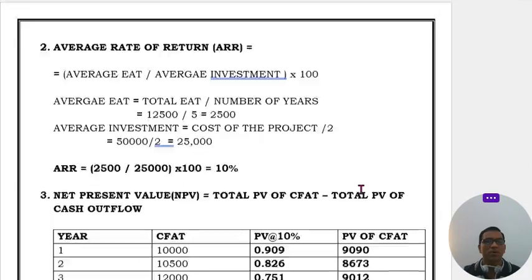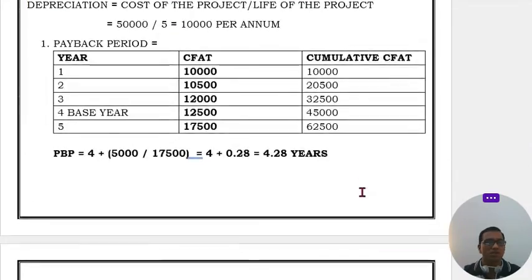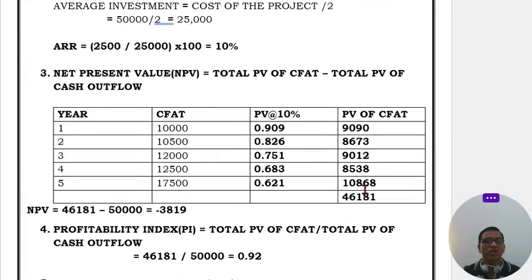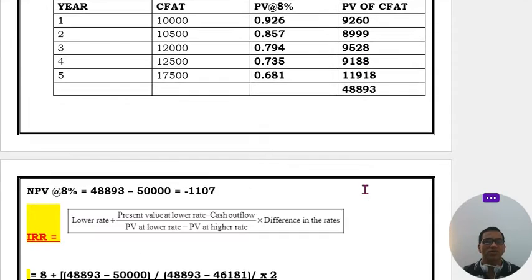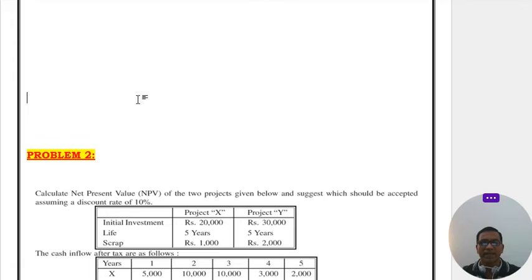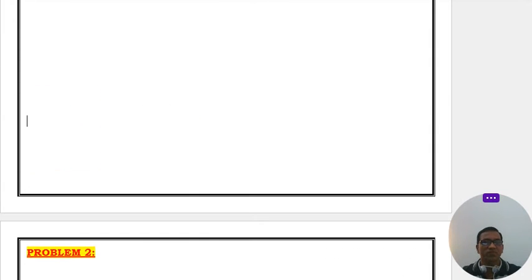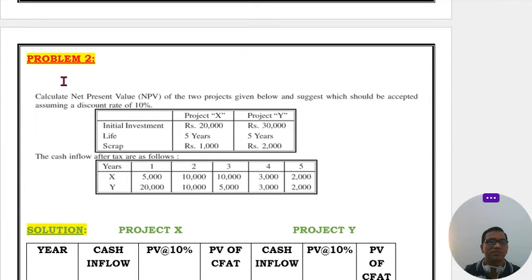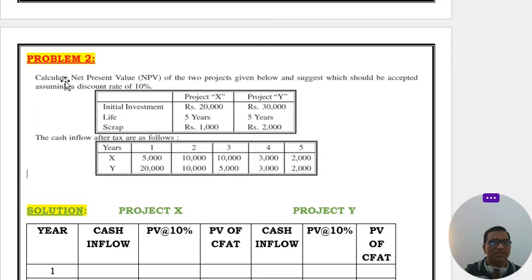So first problem, an examination problem, solved using all 5 methods successfully. And the next problem is another examination problem: calculate NPV of the projects given below and suggest which should be accepted, assuming a discount rate of 10%. So project X and project Y, 2 projects are there.